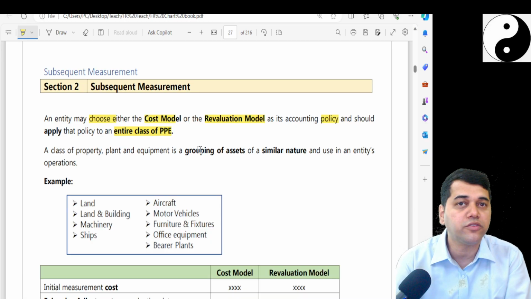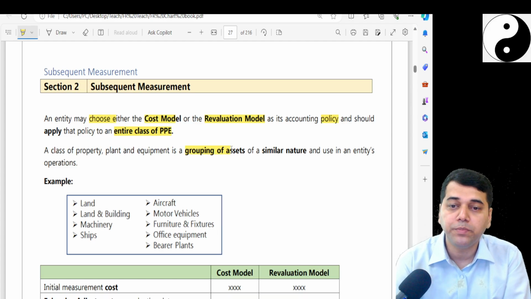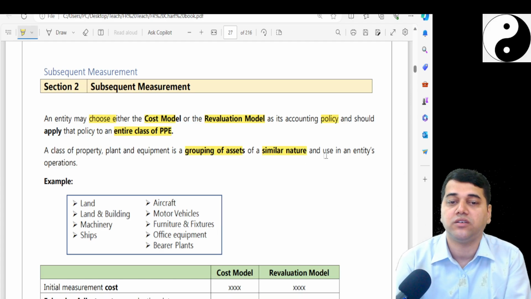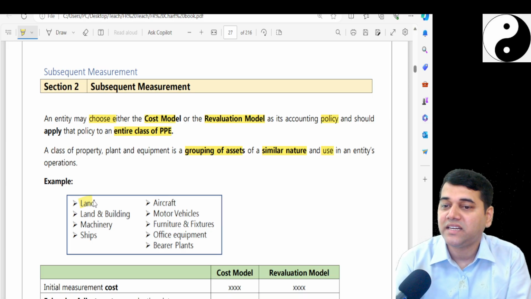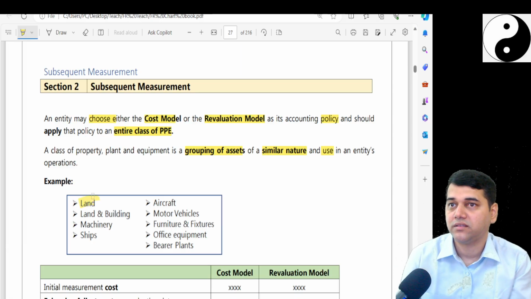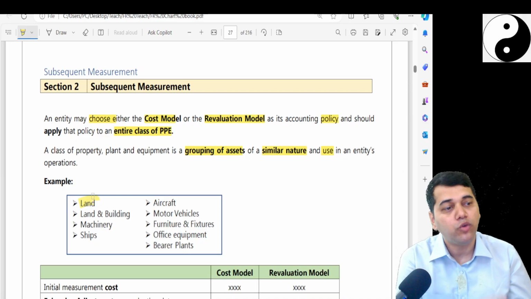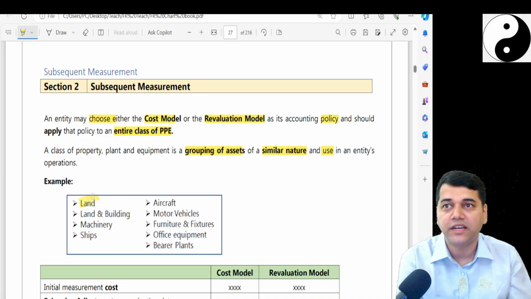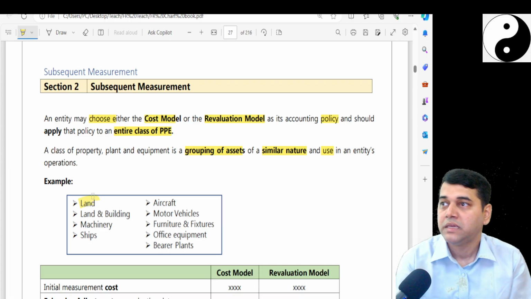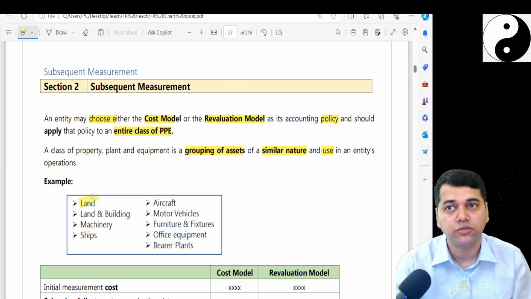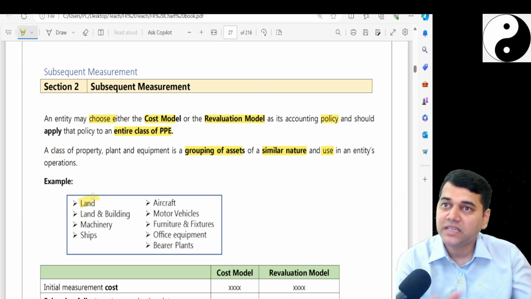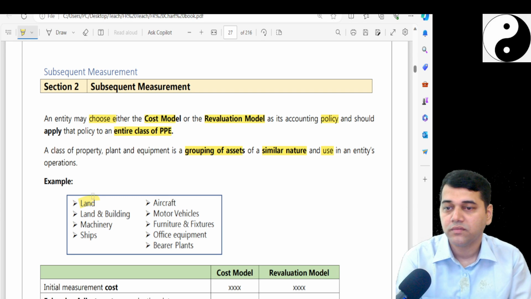Now the question comes, what is a class of PP? This is the grouping of assets of a similar nature or use in the organization. Like land is one class. I have got a vacant land and I have got a land where I dump something, a landfill. Both are different classes, because a vacant land has a different value and different use. A dump yard has a different use.